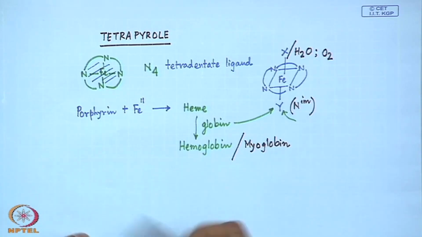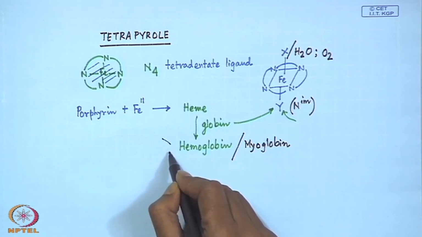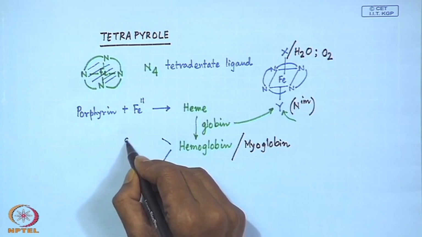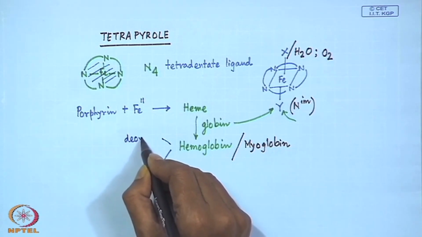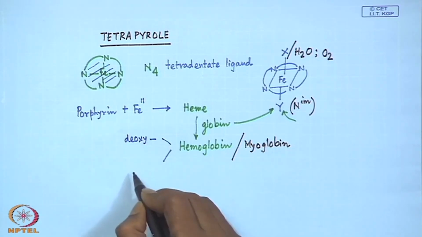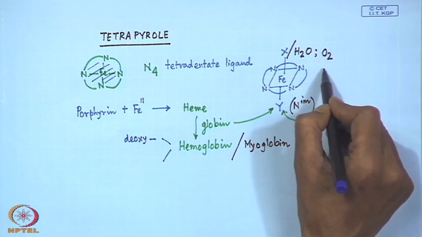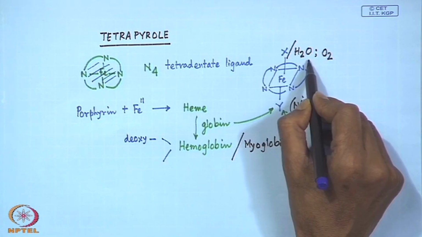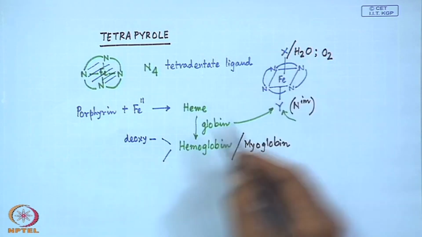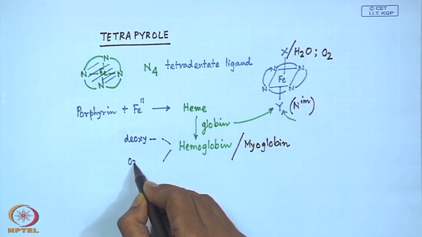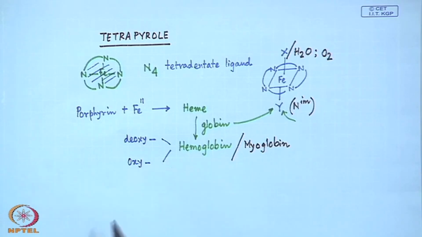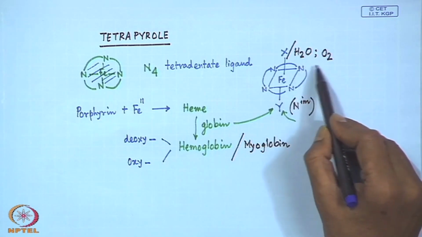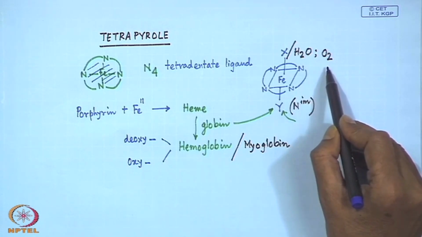So, when we have the hemoglobin form or the myoglobin form, we can have 2 different types. One is the deoxyform, that means when it is not interacting with dioxygen, it is only coordinating to water from the 6th site, and another form is known as the oxyform, when this water molecule from this position is replaced by a dioxygen molecule.